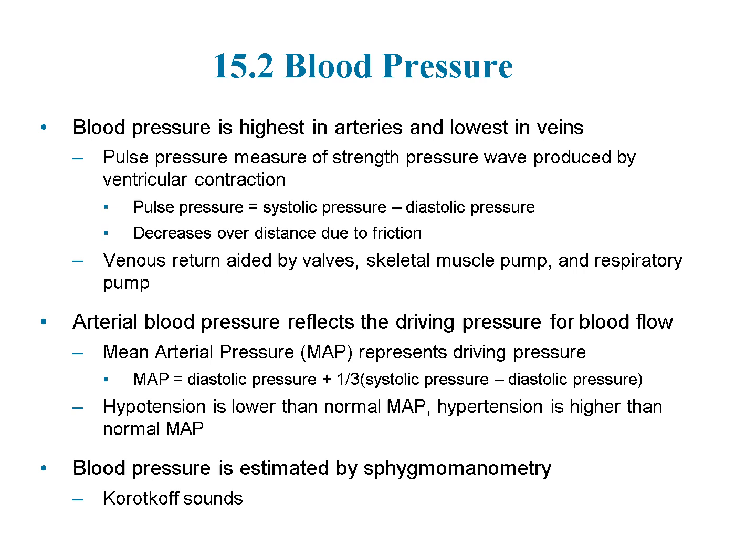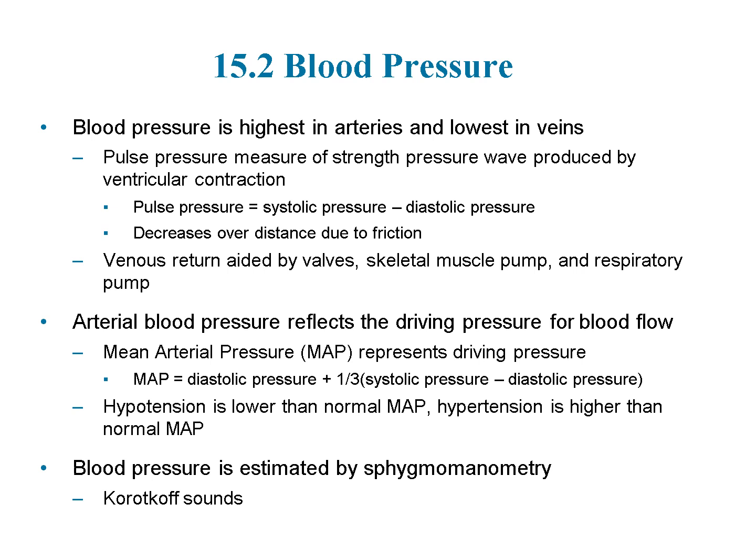Pulse pressure is calculated as the difference between systolic pressure and diastolic pressure and gradually decreases as blood moves through the circulatory system due to friction. Venous return, or the movement of blood back to the heart, is aided by valves, the skeletal muscle pump, and the respiratory pump to maintain circulation.